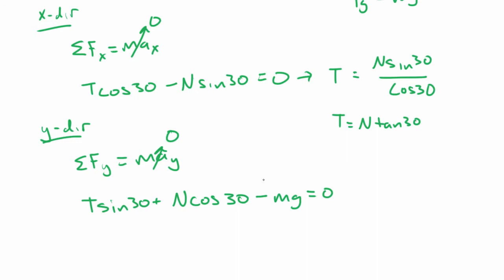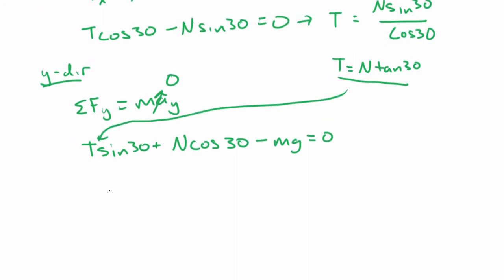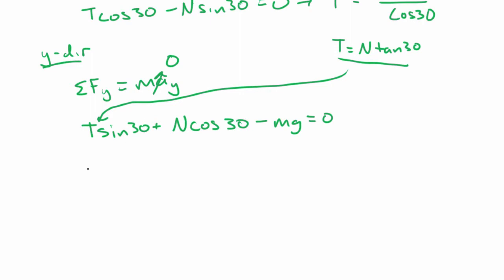All right, I can take that and plug that guy in right here. So what we're going to get is n times tangent of 30 times sine of 30 plus n times cosine of 30 minus mg is equal to 0.